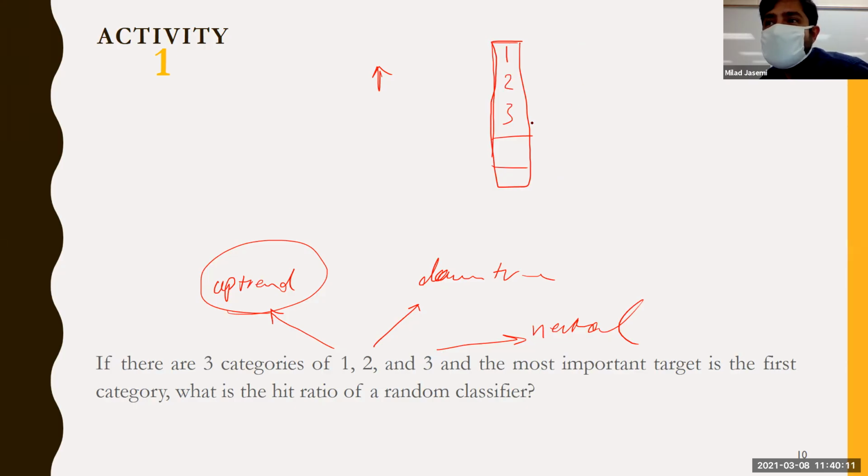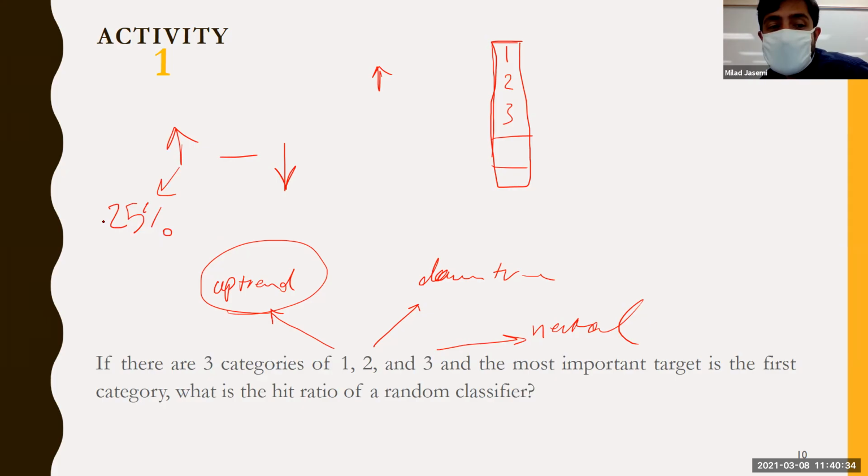Why am I asking you to do this? Because when you run your model, you want to see what is the accuracy of your model in predicting uptrend, neutral, and downtrend. For example, you come to 25%.